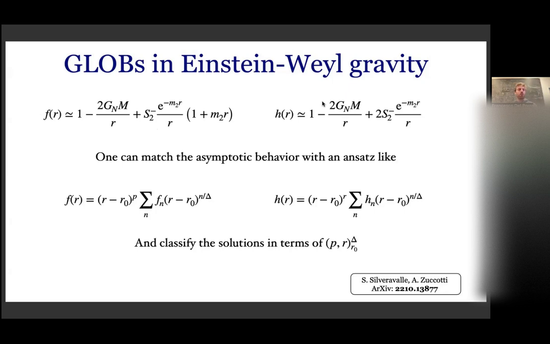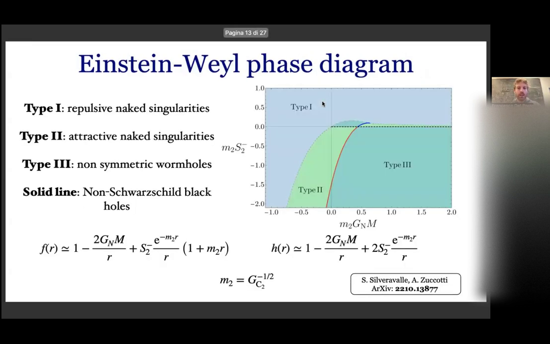Like this. But maybe things are clearer if I go directly to the result of their study, because basically what they got was a diagram which is parameterizing the axes. Basically, we have M, the capital M, S2 minus, and M2.